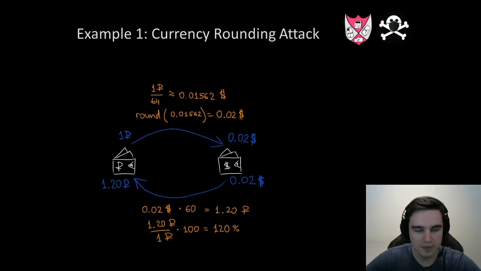After that, we send these 2 cents back to the ruble wallet. And it will be already 1 ruble and 20 kopecks. And now we have a profit of 120%.